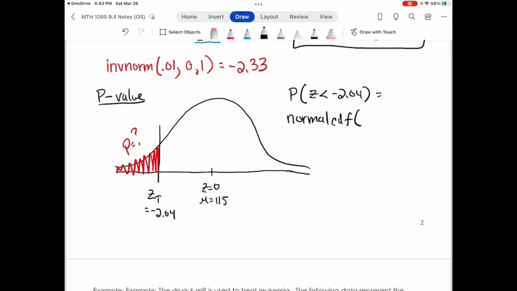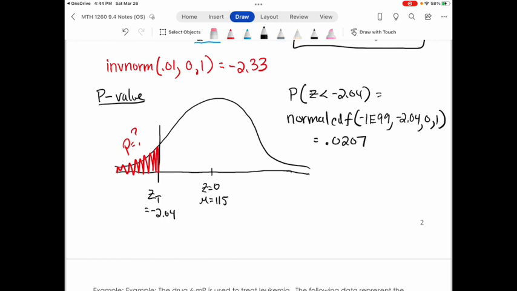So I'm going to do normal CDF. This is all standardized, so you can just put in the standard deviation is 1 and the mean is 0. I'm going to put in that my lower bound is negative 1E99 and my upper bound is negative 2.04. And my mean and standard deviation is 0 and 1.